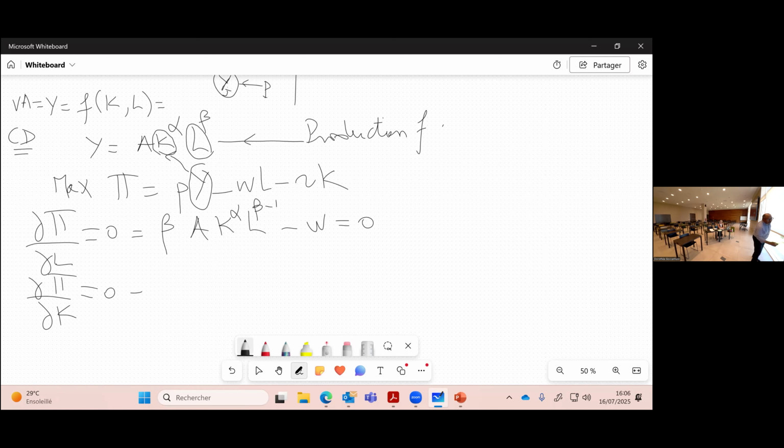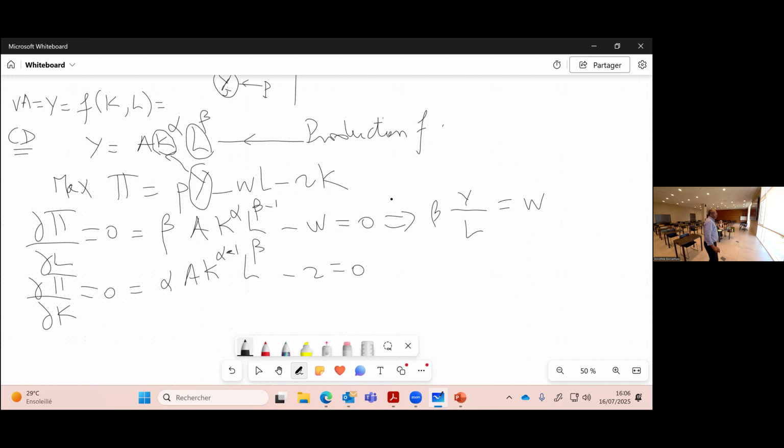And the second one is alpha, A, alpha minus 1, L beta, minus R equals 0. This is what we have. We can rewrite it like this, just to be simple to manipulate. It's beta, Y on L equals W.